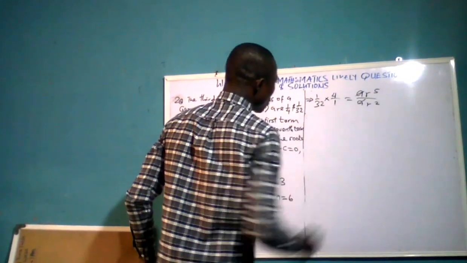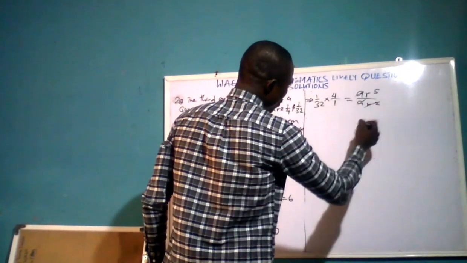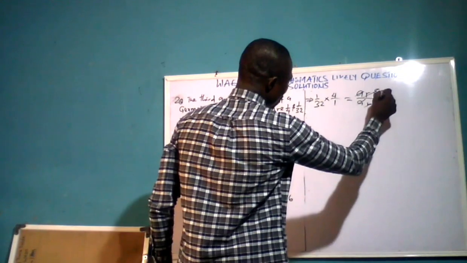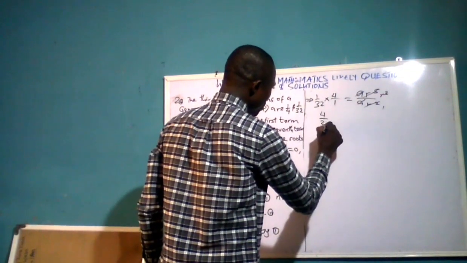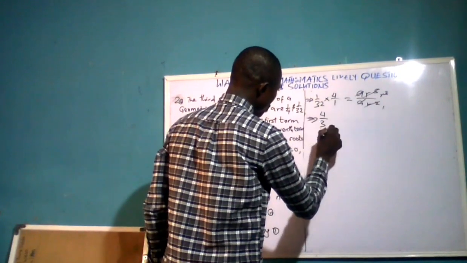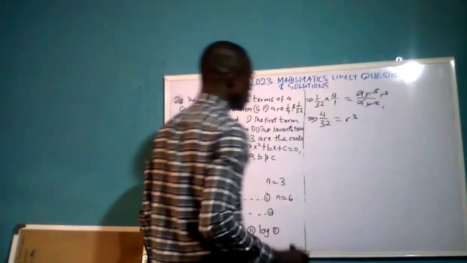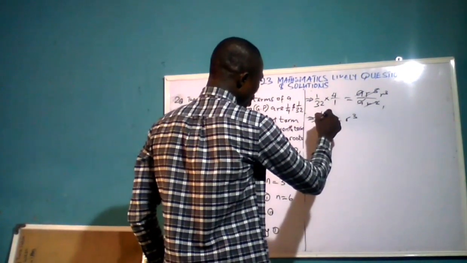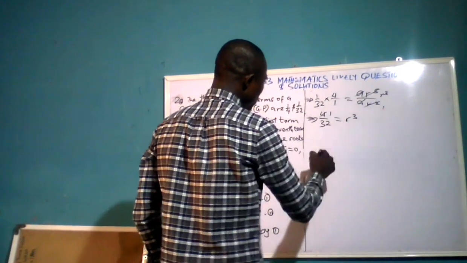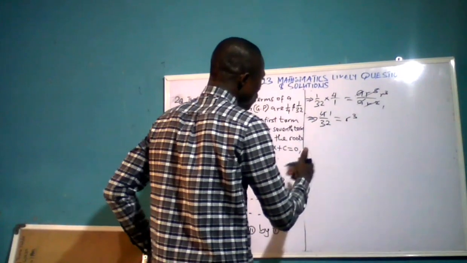So a will cancel out a, then r raised to power 5 minus 2, r raised to power 3. So you are left with 4 all over 32 equal to r raised to power 3. 4 here will be 1, 4 in 32, that is 8.